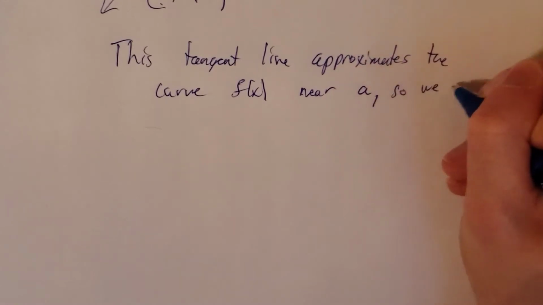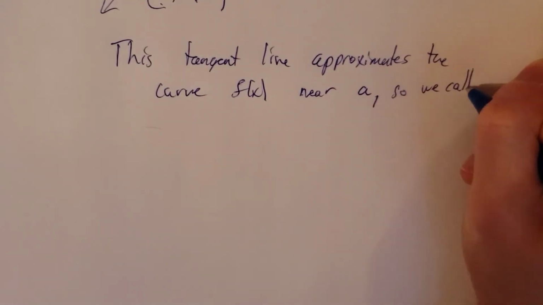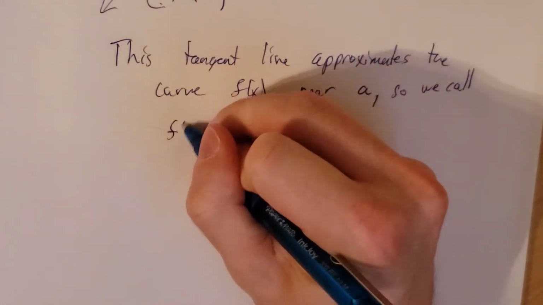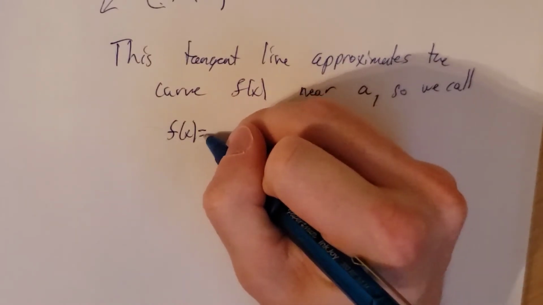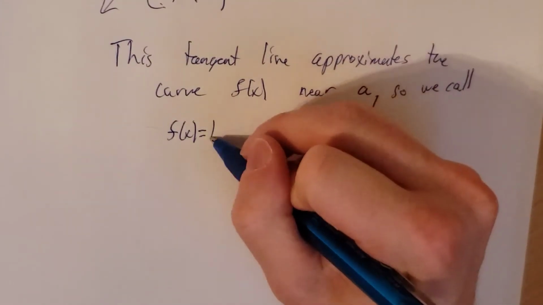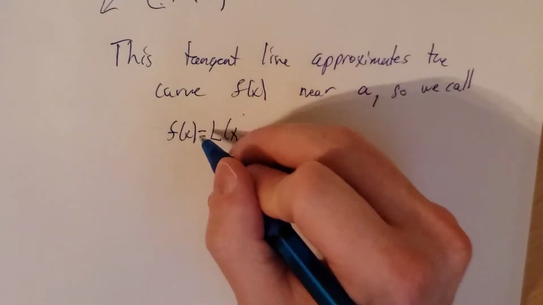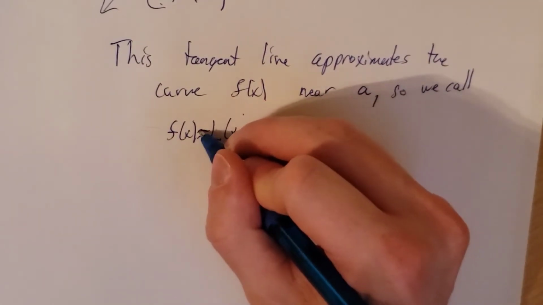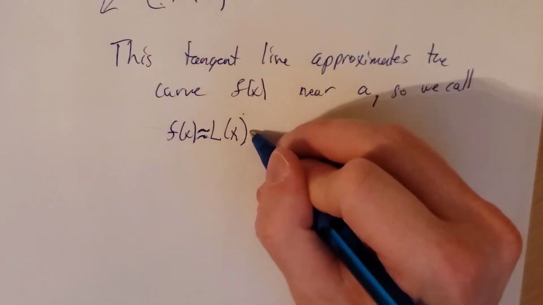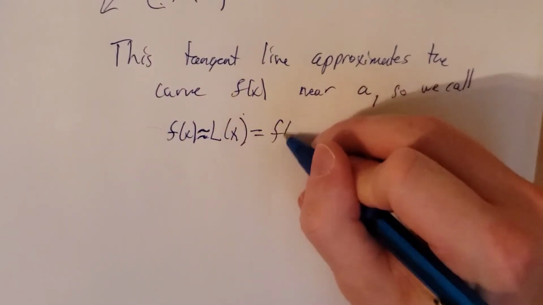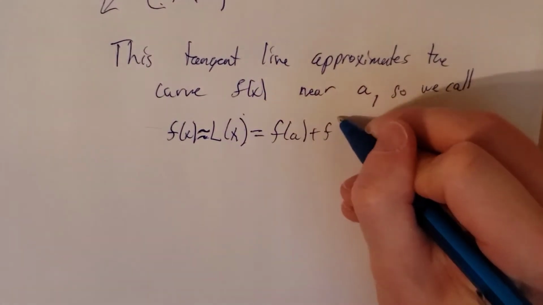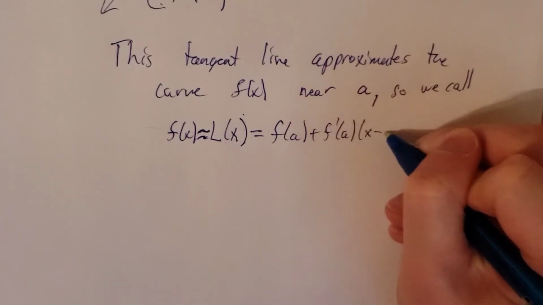So we call f of x approximately equal to L of x, which is equal to f of a plus f prime of a times x minus a.